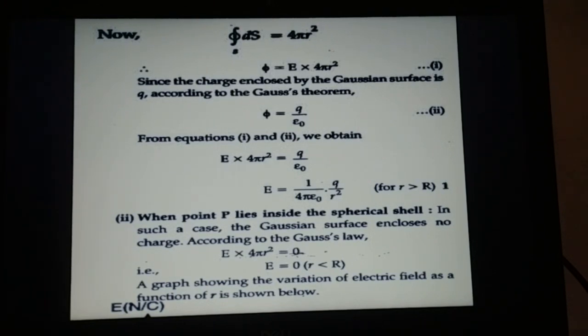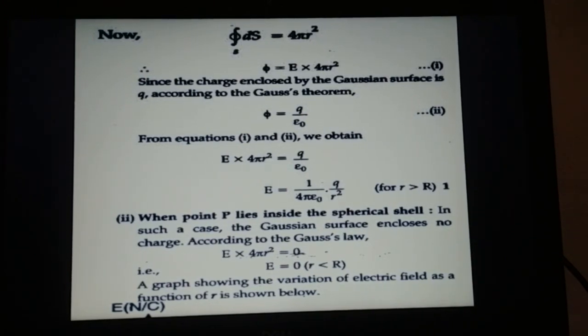What we have taken as ds? Ds we have chosen as a small area over the surface of the Gaussian sphere.